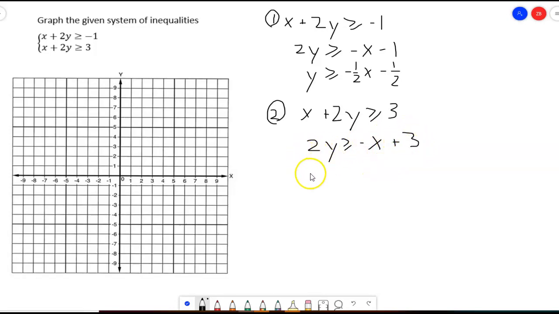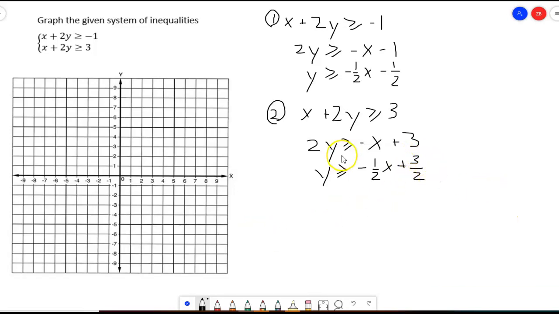And then finally divide everything by 2. So we're going to have y is greater than or equal to -1/2 x, because that's the same thing as x over 2, plus 3 over 2.